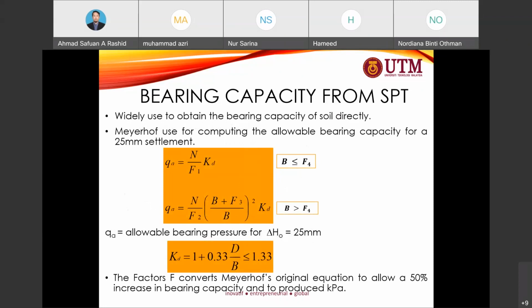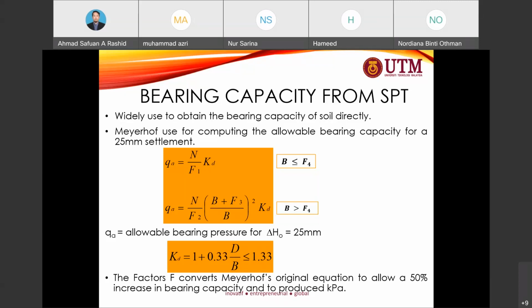Then this is how we estimate the bearing capacity from the SPT value, which is widely used to obtain the bearing capacity of the soil directly. Meyerhof used it for computing the allowable bearing capacity for a 25 millimeter settlement. So we have QA equal to N over F1 times KD, and to use this equation, B should be less than or equal to F4.